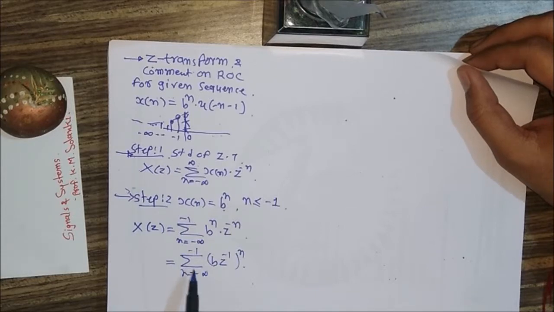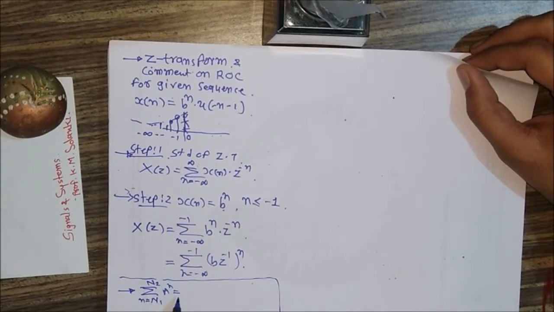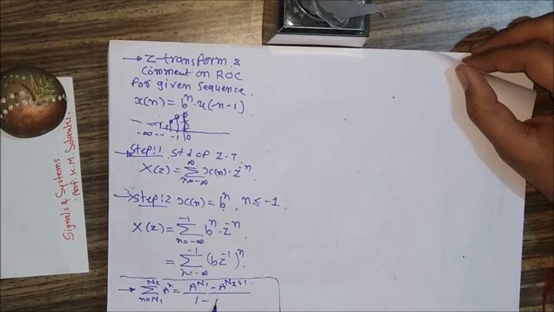Now the limit is minus infinity to -1, so we should consider another power series formula. If the summation is over n = n1 to n2 of a^n, then the solution is (a^n1 - a^(n2+1)) divided by (1 - a), and the condition always remains the same: |a| must be less than 1.